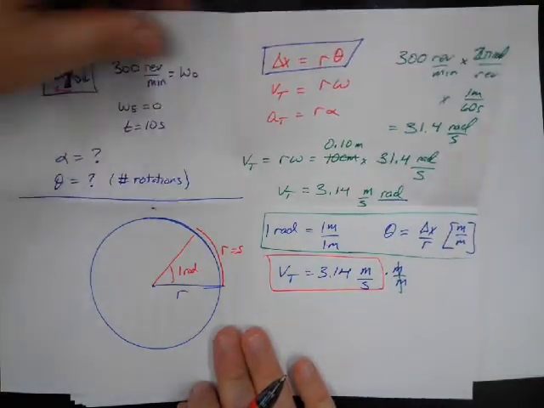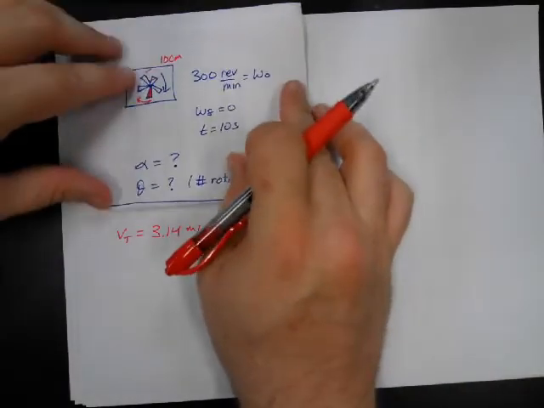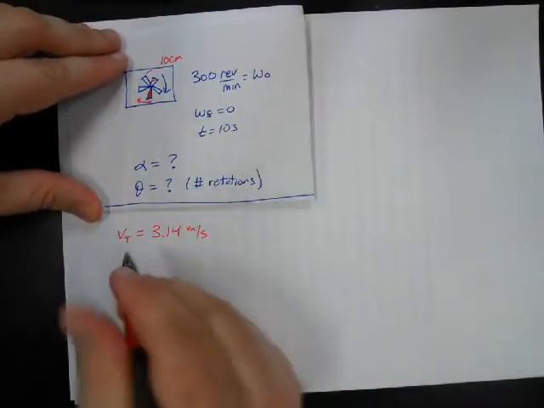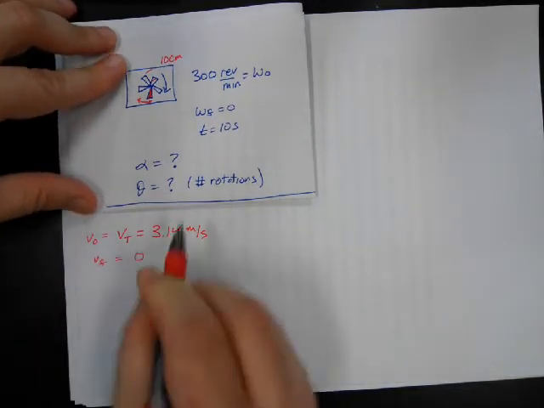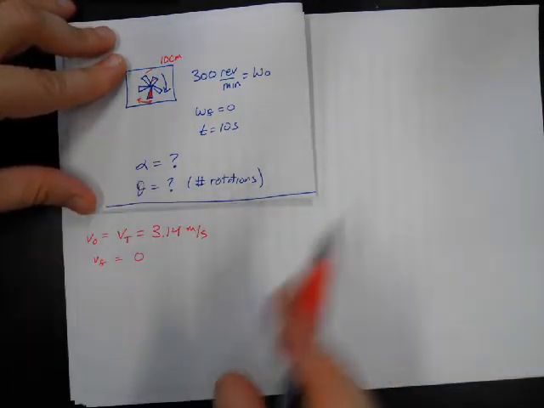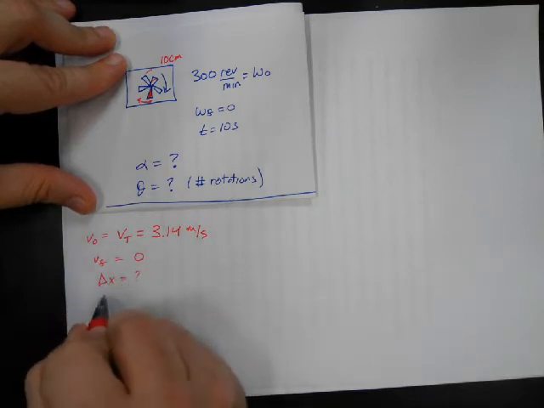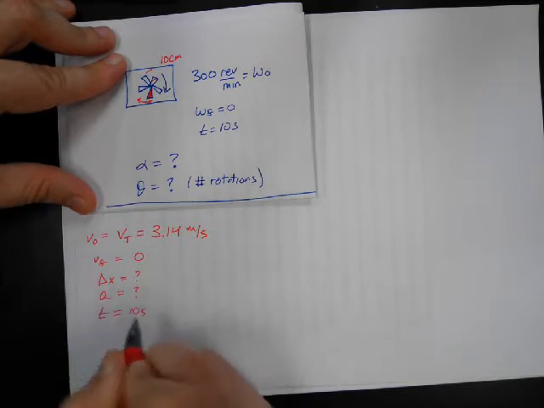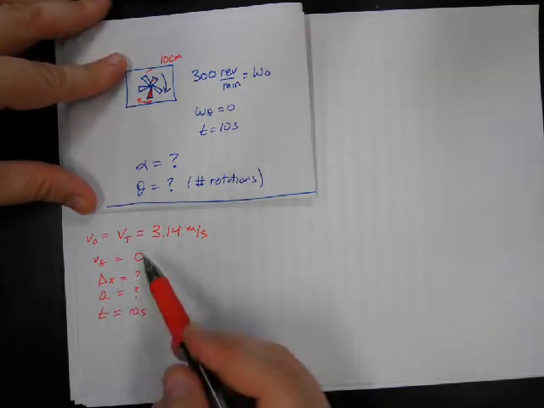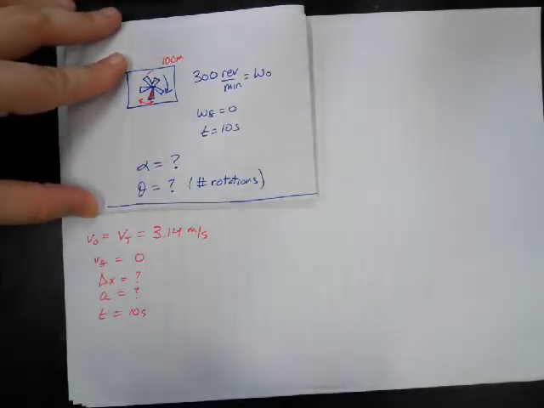All right. So now we're going to solve things in terms of translational variables. This is our V initial. V final is 0 because it comes to a stop anyway. And we're looking for delta x is something, and our acceleration is something, and our time is 10 seconds. If this was a thing that was moving in a straight line, we'd just do one-dimensional kinematics.